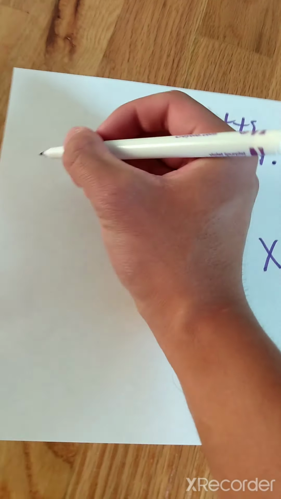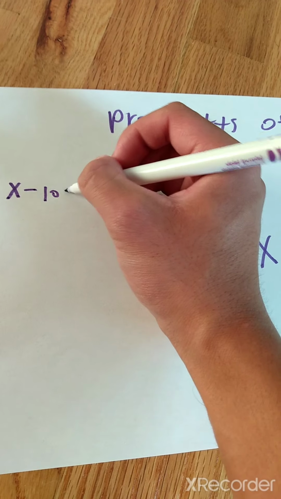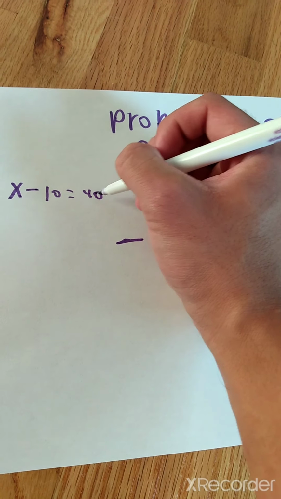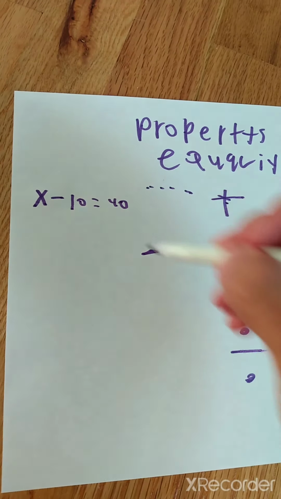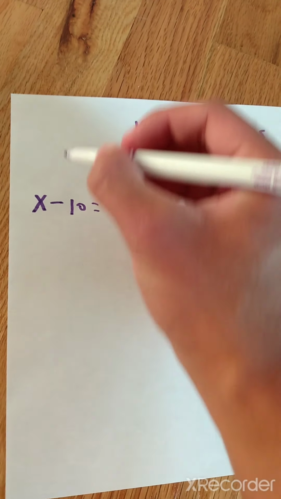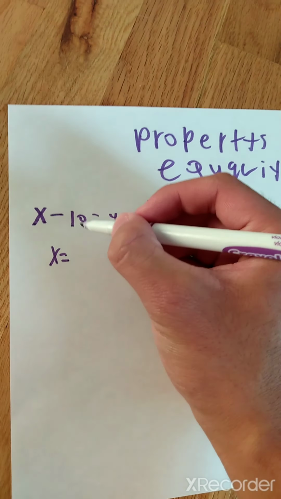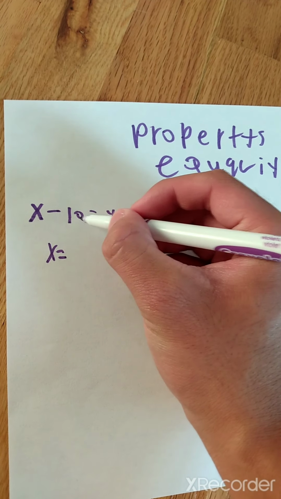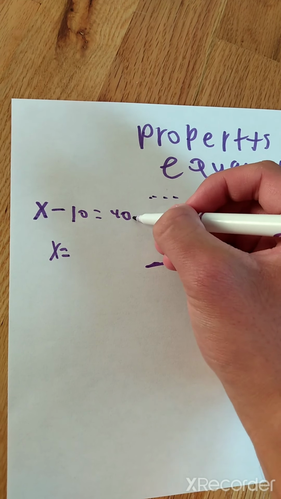When we're doing, for example, x minus 10 equals 40, how is this addition? Because we have a subtraction problem right here. We have to get x alone. We're going to get an answer of x equals, but we have that 10 to deal with. So we have to move that 10 to the other side to have that 40 with.